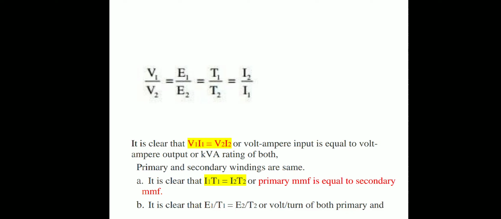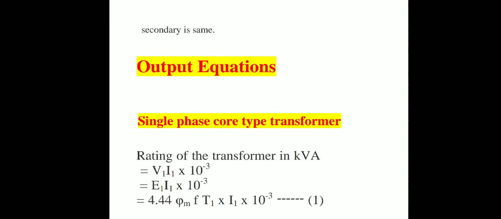It is clear that E1 upon T1 is equal to E2 upon T2, or volt per turn of both primary and secondary is the same. Now let us go for the most important topic of this video, your output equations.